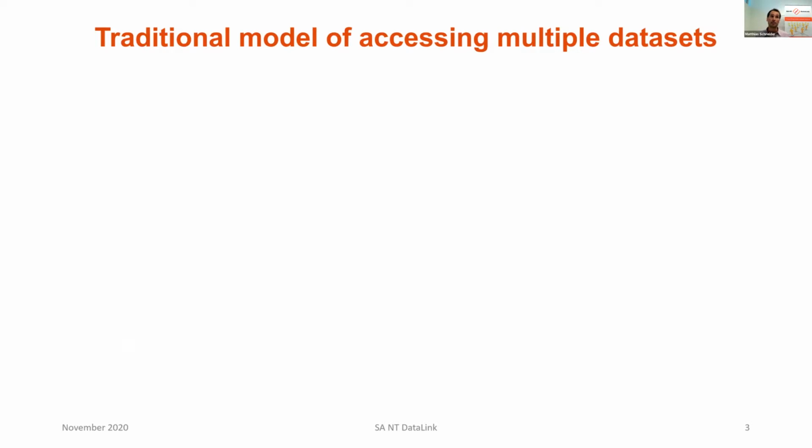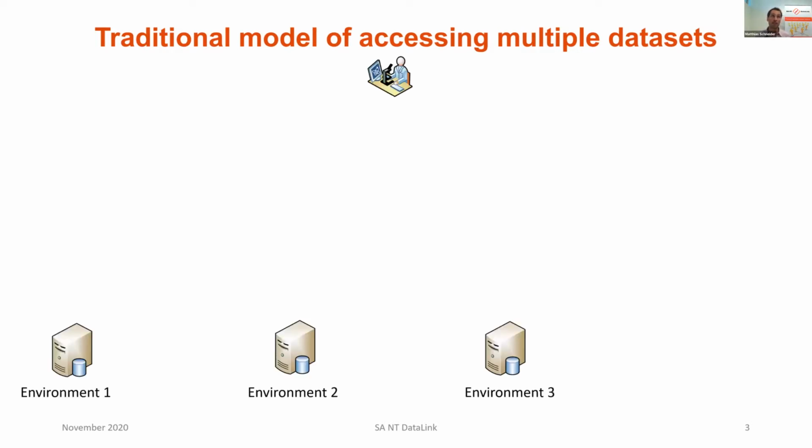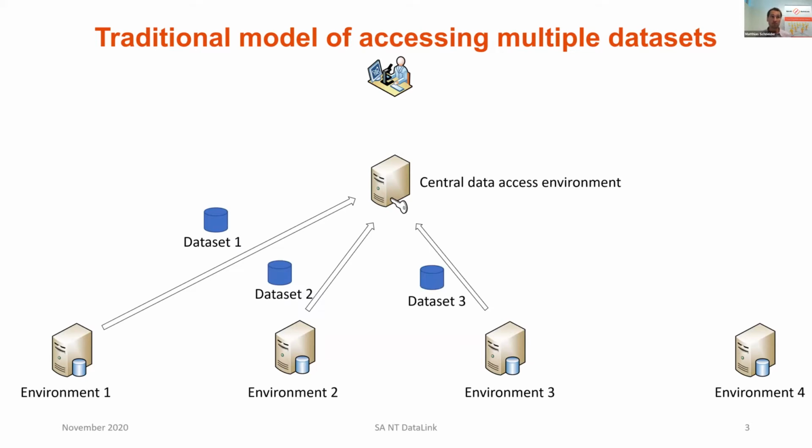Let's first look at the traditional model of accessing data from many sources. So when analysts need to use data from multiple origins, this data often needs to travel to one central location, like I said before. And this is then where the analysts access the data and write their code to query the data.